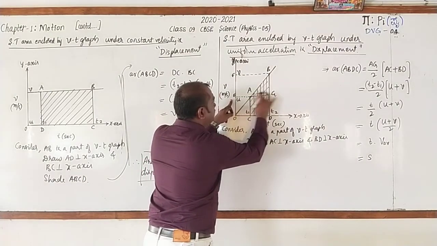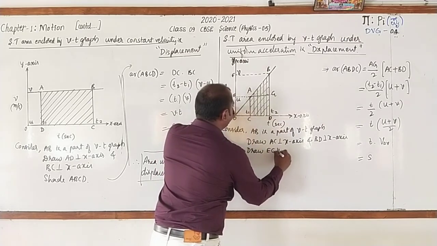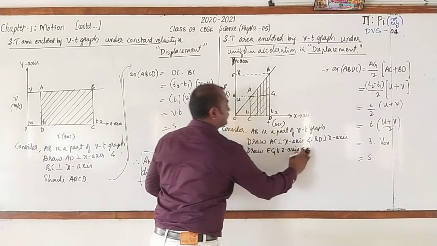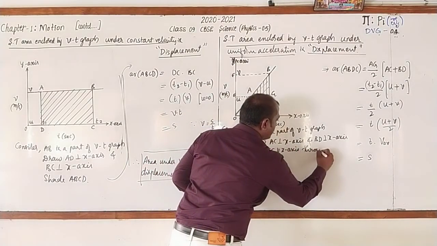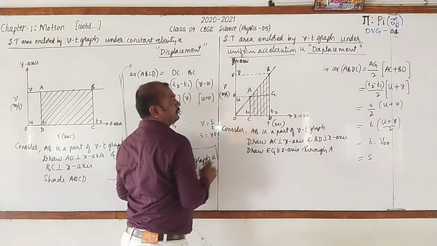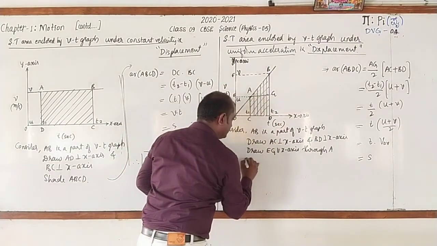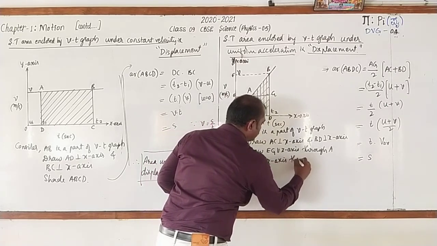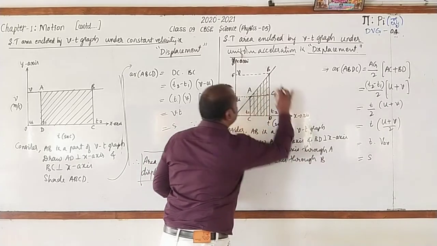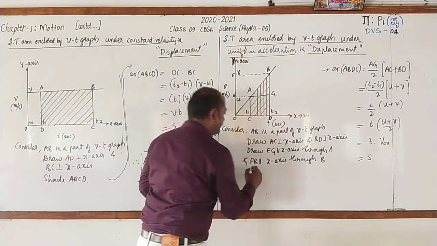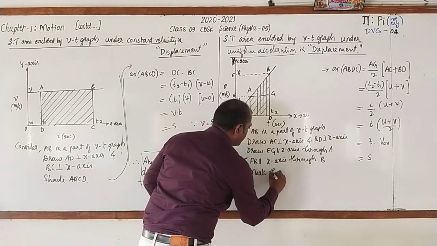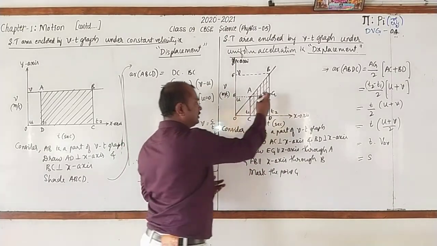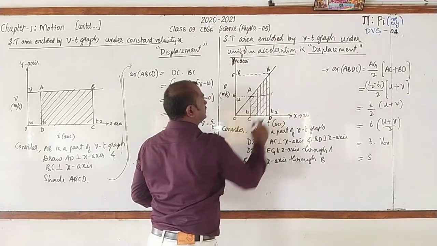Draw EG parallel to the x-axis through A, and FB parallel to the x-axis through B. Mark the point G, or you may not, it is not necessary. Let me go for removing that.